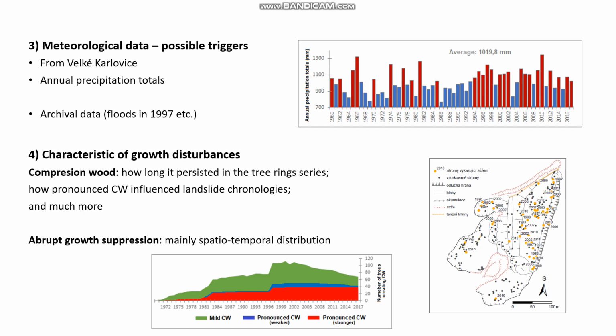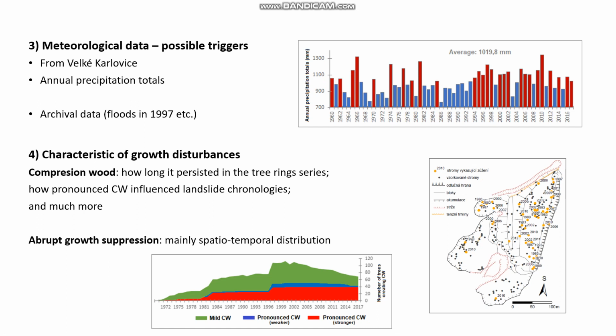Now, when landslide years are defined, I tried to link the relationship between landslide movements and precipitation. I got meteorological data from Velké Karlovice and from archives. The main aim was to find out the possible landslide triggers.